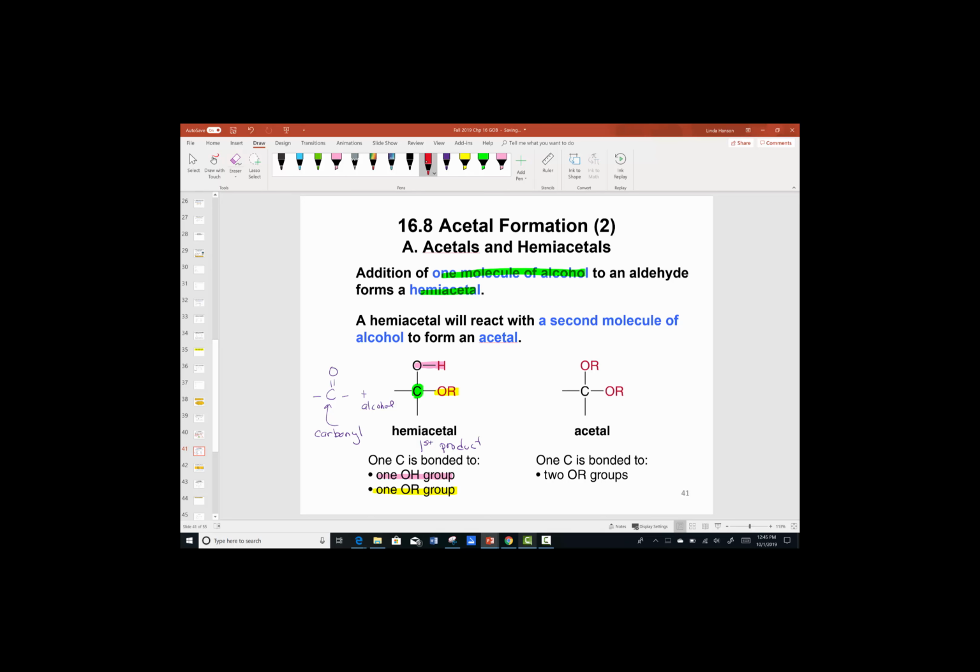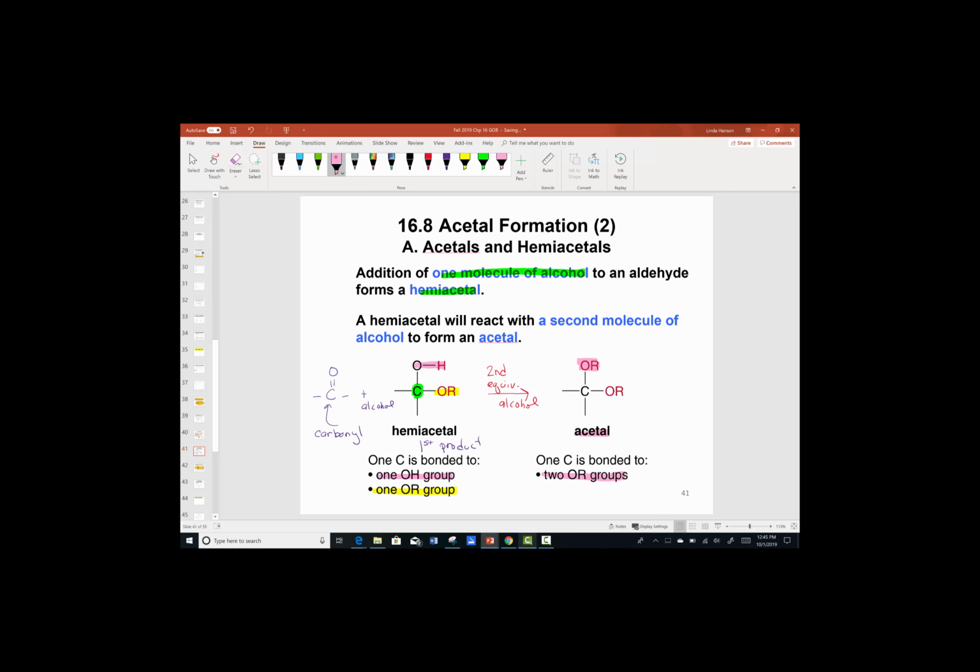If we allow the reaction to proceed with a second equivalent, a second mole, step 2, a second equivalence of that same alcohol, we take off the OH and replace it with the OR, forming acetal all the way around.